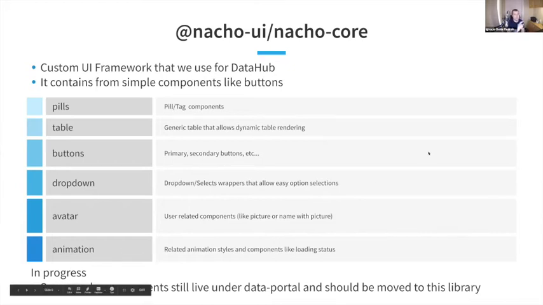We also have the loading state, which shows that something is loading. So this is the UI framework. There are still some components in data portal that we want to move out. Just so you're aware, we're working on that.